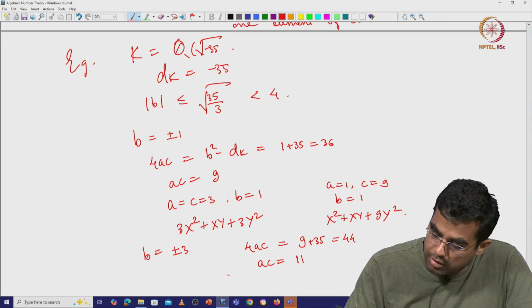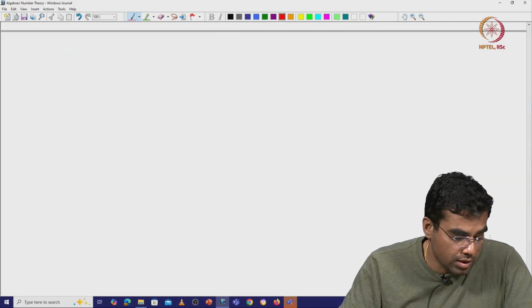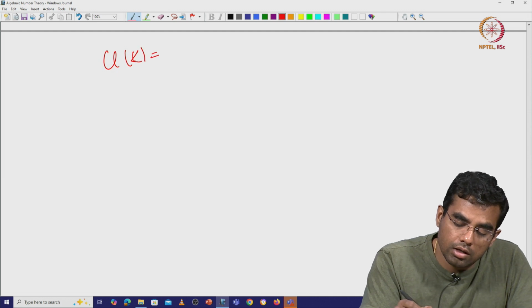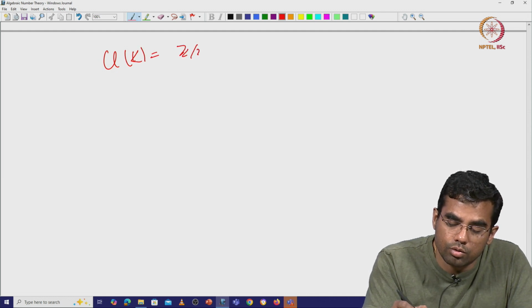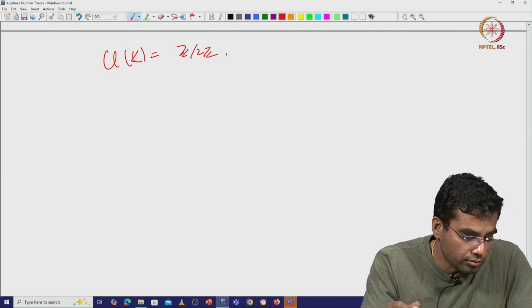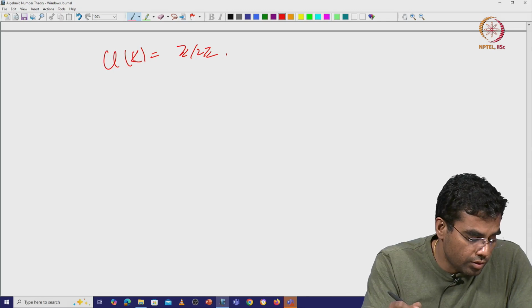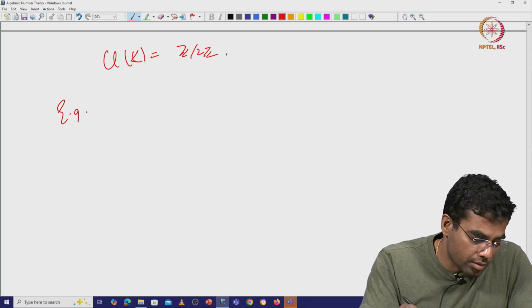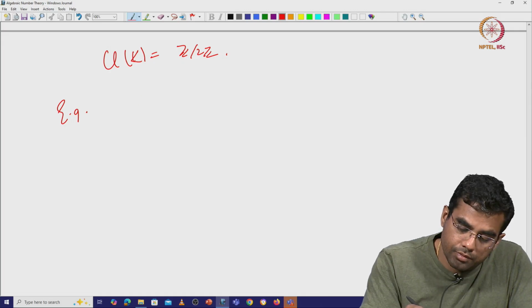So there are no binary quadratic forms given by this. Okay. So again Cl(K) is Z mod 2Z, right. So this is what you would expect, and let us look at one more example, a bigger one.